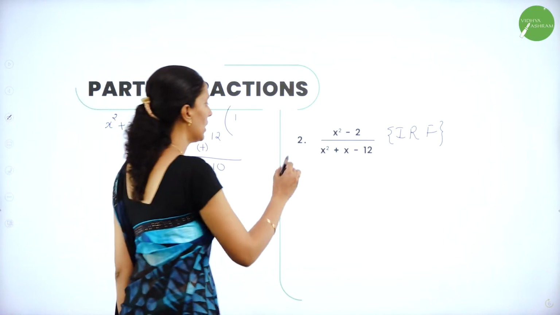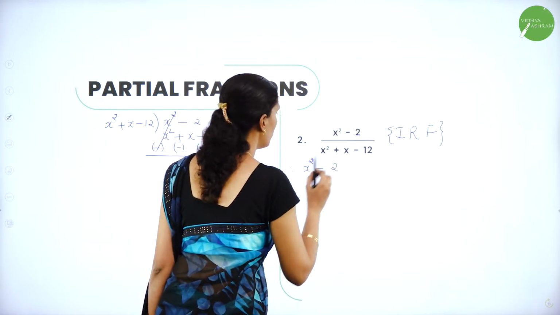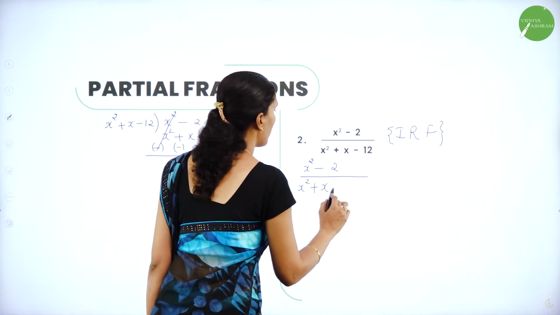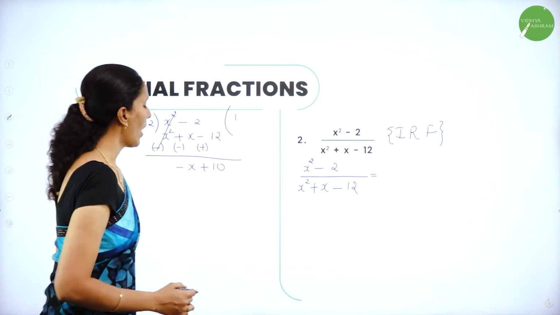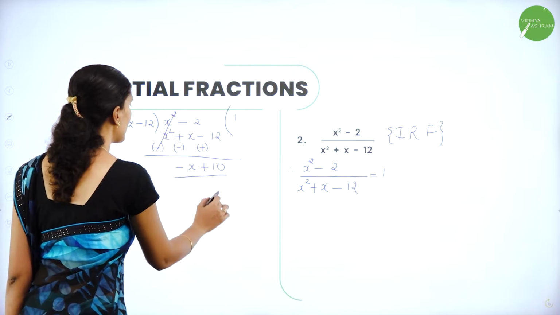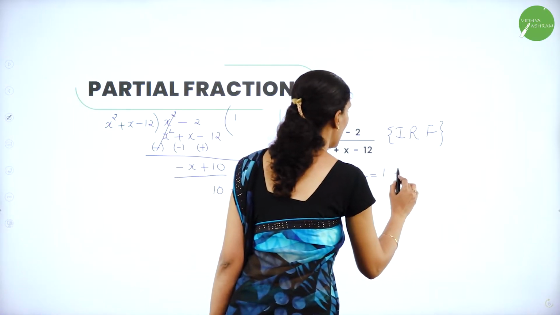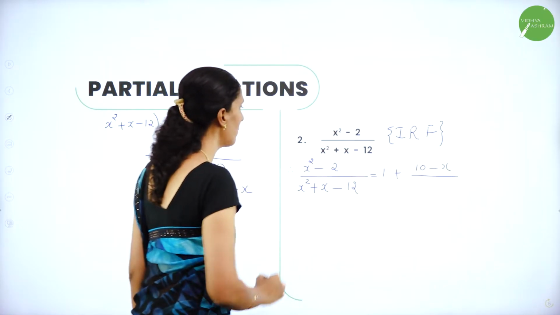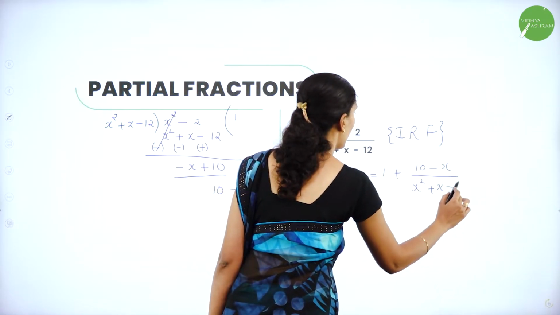So therefore, this can be written as x square minus 2 whole divided by x square plus x minus 12, which is equal to 1 plus 10 minus x divided by the same denominator, x square plus x minus 12.